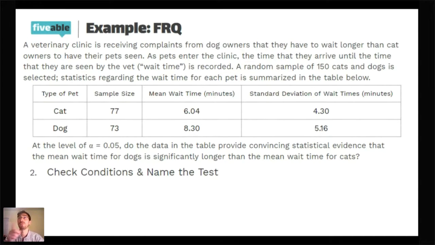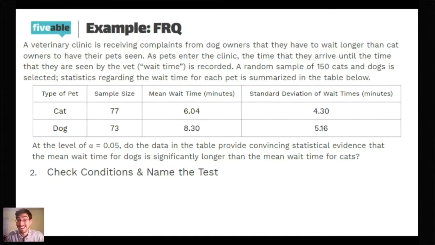You do not in your written response yet because the alpha level was defined in the question. If the alpha level is not defined in the question, I think who asked that? Chovy asked that, then I would include the alpha level. The big idea is the alpha level has to be set before you start the test. And since they set it for us, we're good. We don't have to refer to it until we actually make our conclusion.